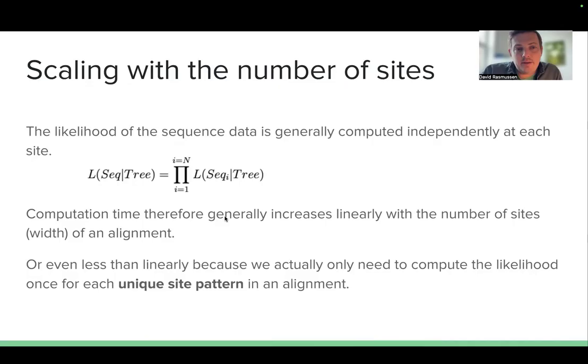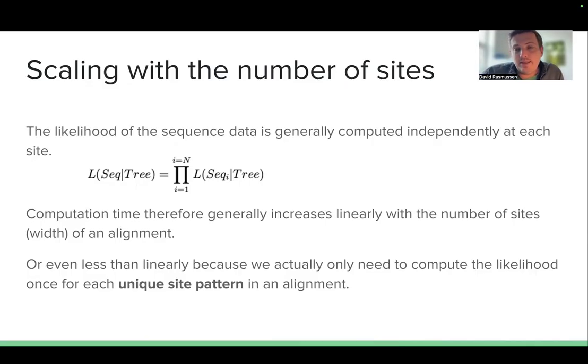That's because if we think about the overall likelihood of our sequence data given a tree, we often compute this on a per site basis by basically multiplying the likelihood of observing each column in our alignment together. And so we have to calculate the likelihood of the sequence data at each site.